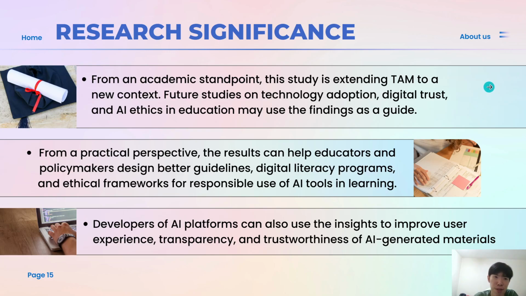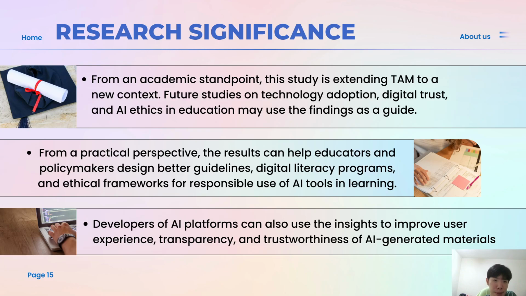For the research significance, from an academic standpoint, this study is extending TAM to a new context. Future studies on technology adoption, digital trust, and AI ethics in education may use the findings as a guide.